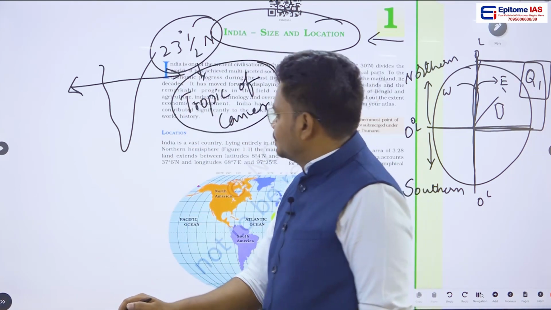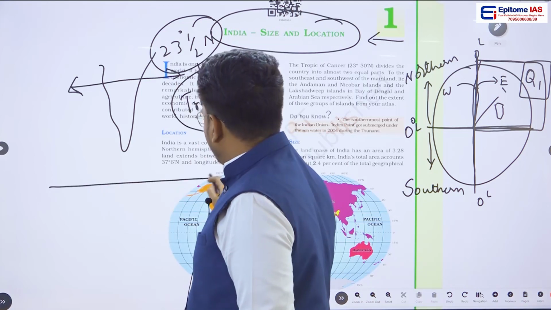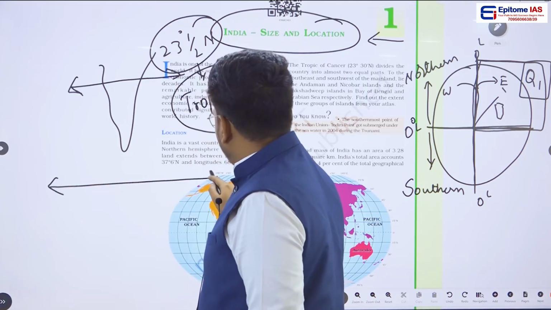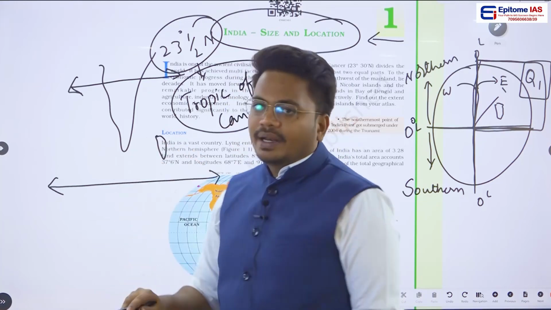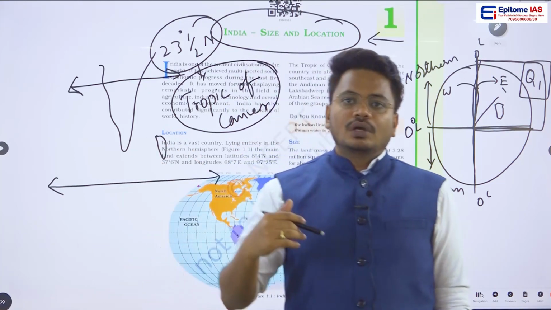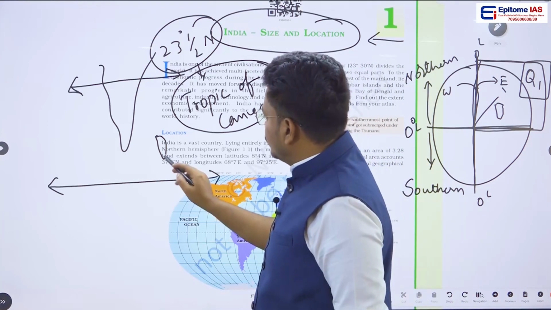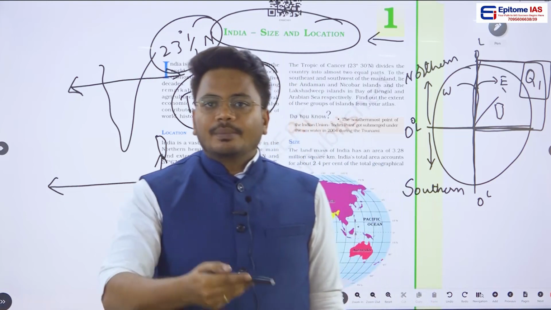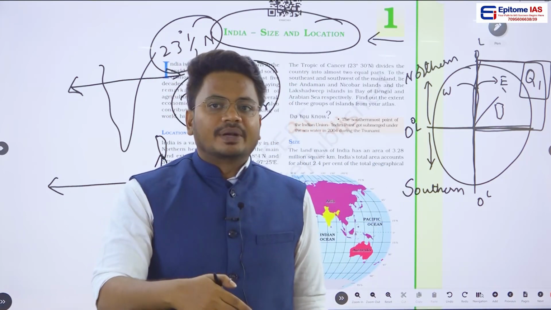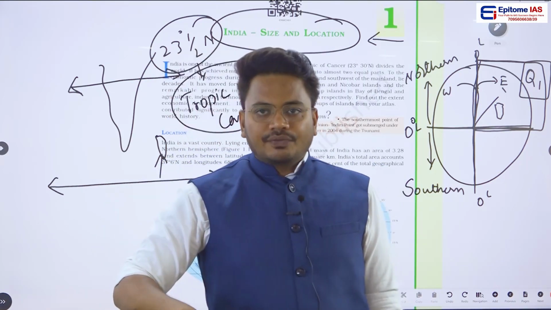India is also nearer to the equator, and the Andaman and Nicobar Islands are very near to the equator. We also understood that the climate of the Andaman and Nicobar Islands mostly resembles the equatorial type of climate. So what happens in the equatorial type of climate?